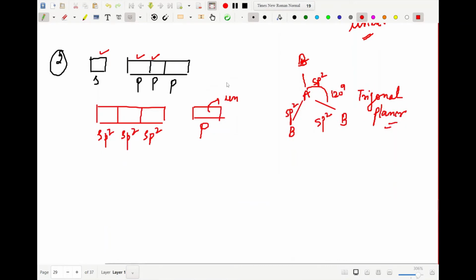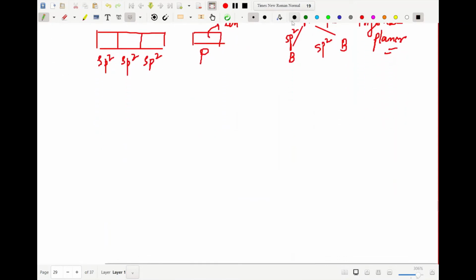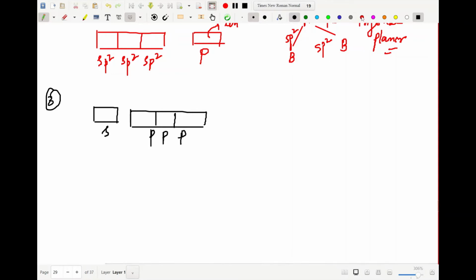In the last case, if I want to combine or hybridize one s and all the p's together, this is my s and these are three different p's. If I decide to combine one s and all the p's together, I will be getting four hybridized orbitals.